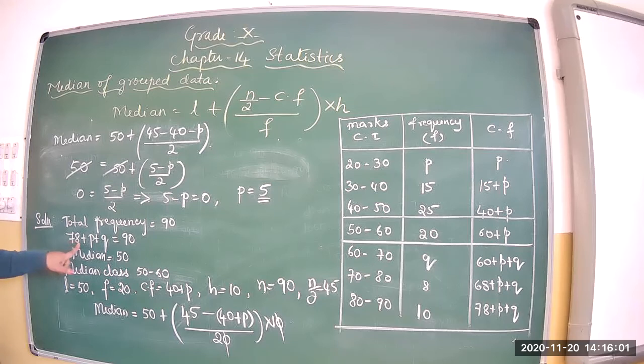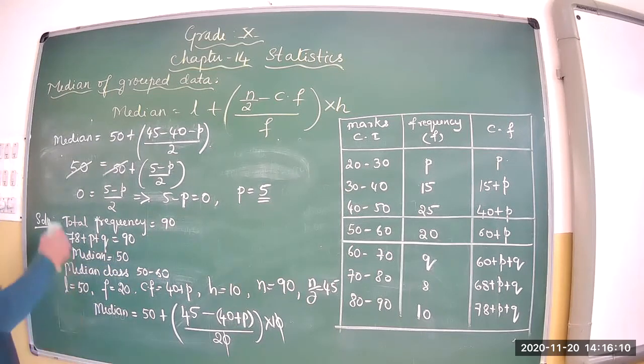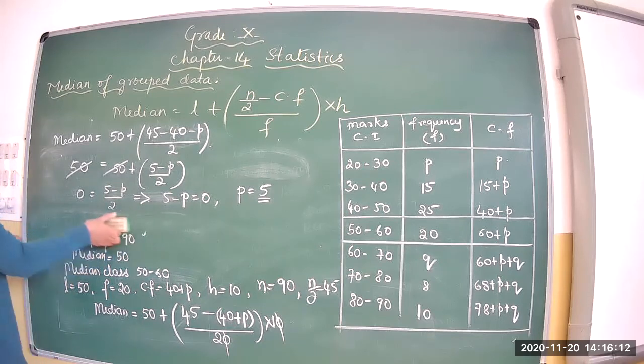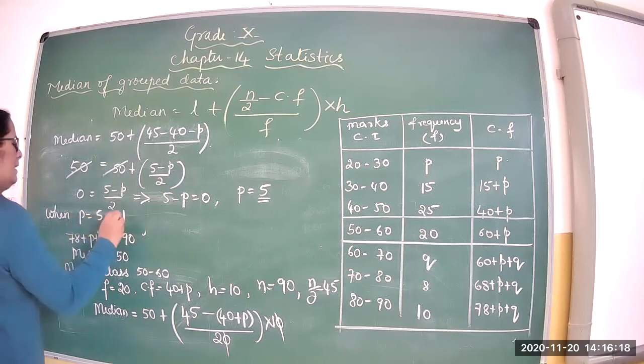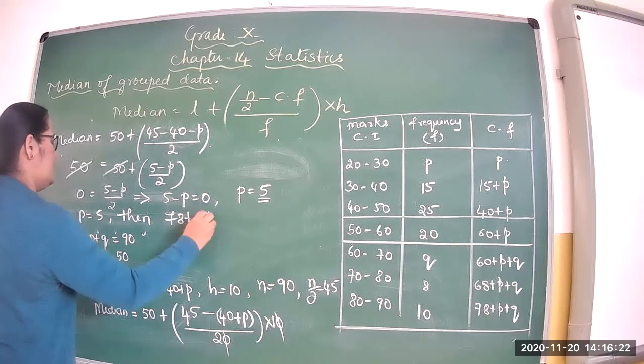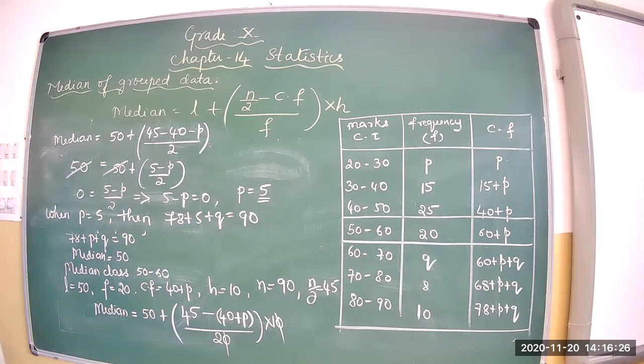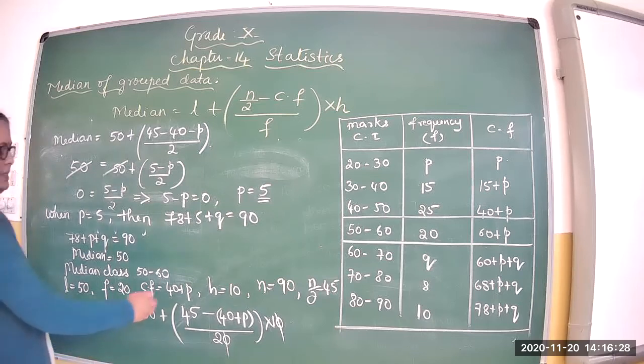See here, 78 plus P plus Q, that is the total number of observations, is 90. So when P is 5, 78 plus 5 plus Q equals 90.